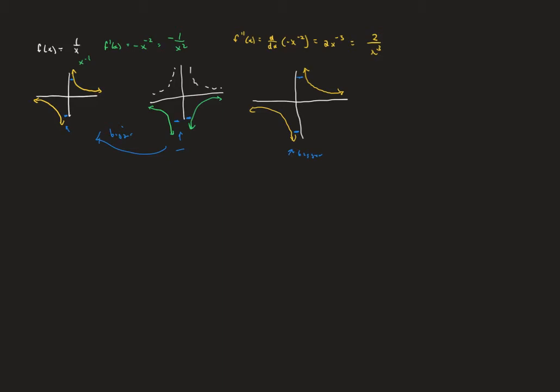You can also see evidence of the odd and evenness of these power functions. So you can see that when we had x to the negative 1, it was going to be up here in quadrant 1 and quadrant 3. It was going to be symmetric with respect to the origin. If you rotated it 180 degrees around the origin, the graph would remain the same.